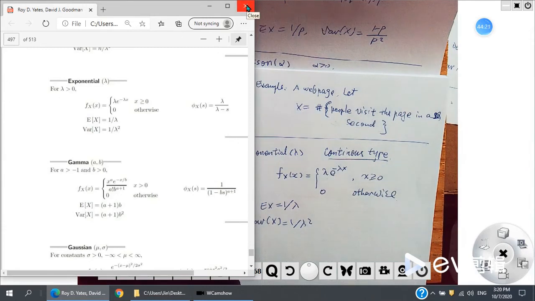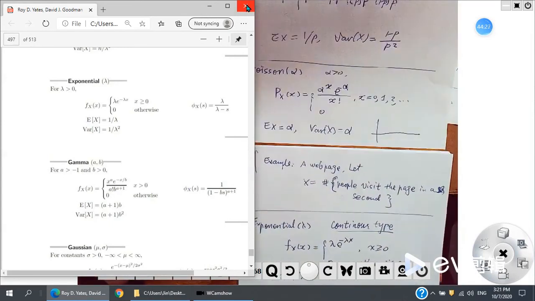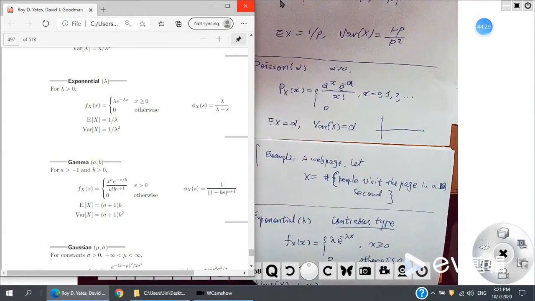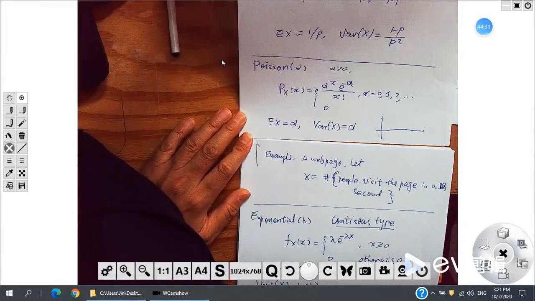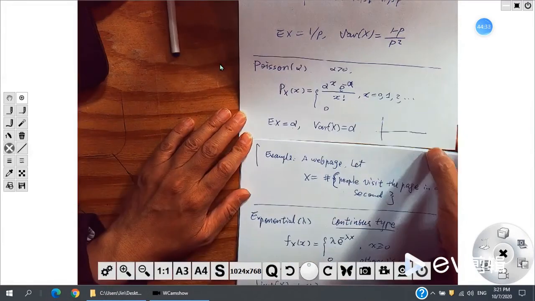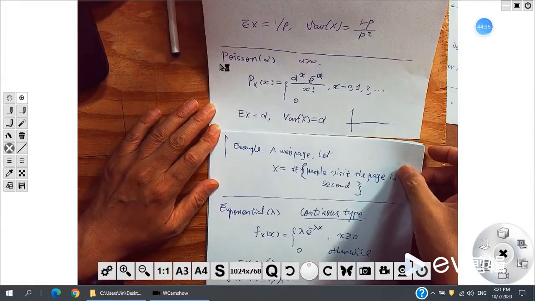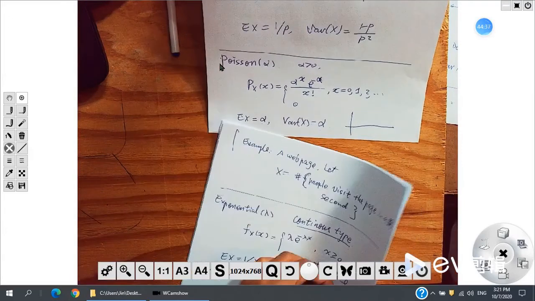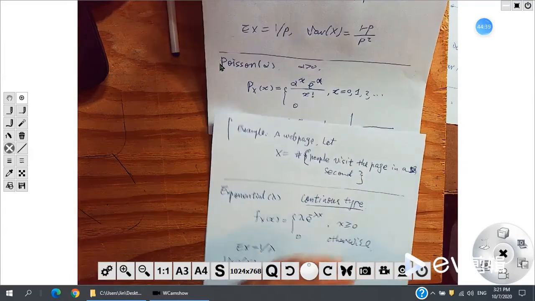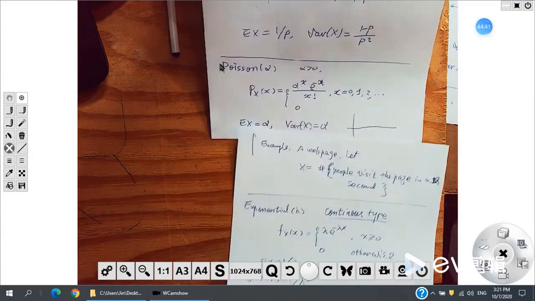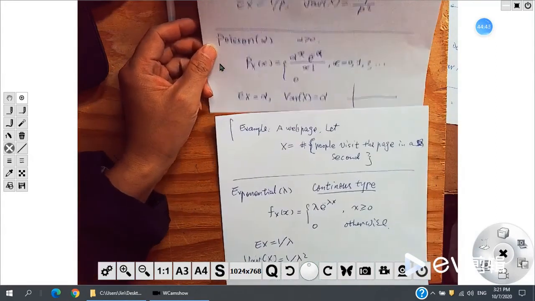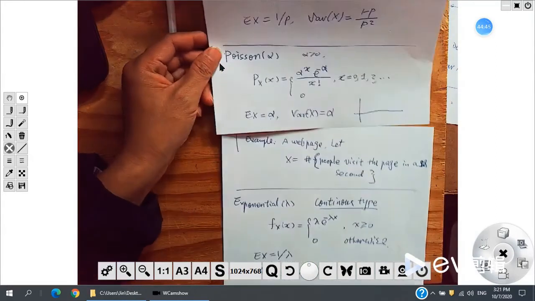Can I close this? Yeah, I already copied those two distributions, so I can close this. Alright, I close this. Then put it here, like this.